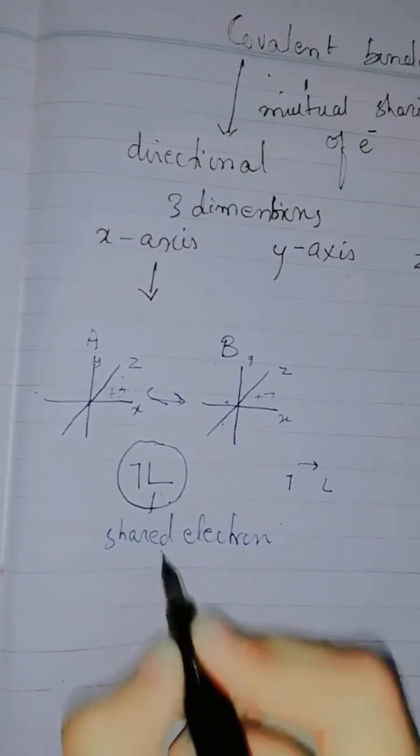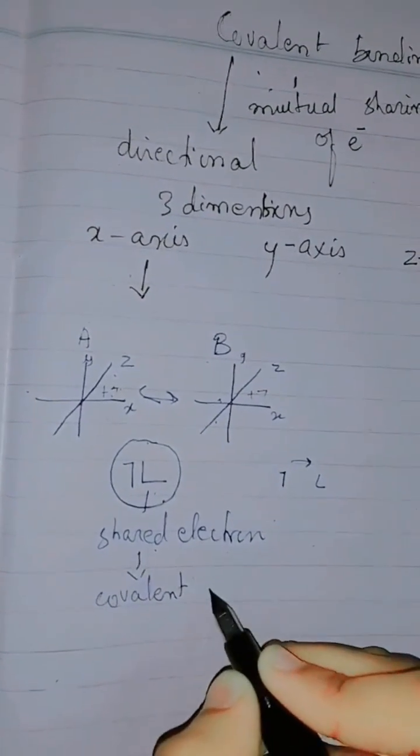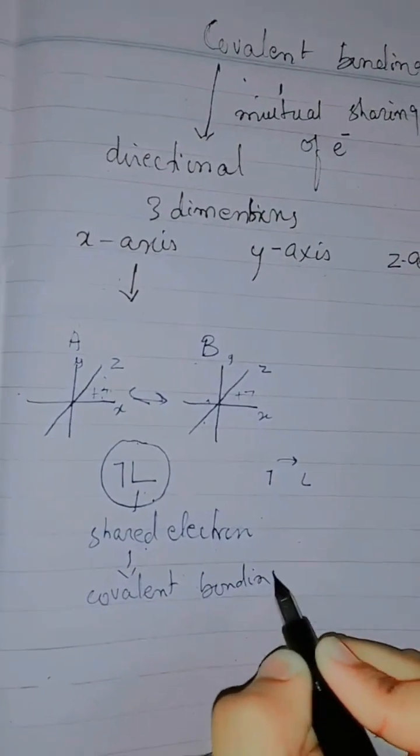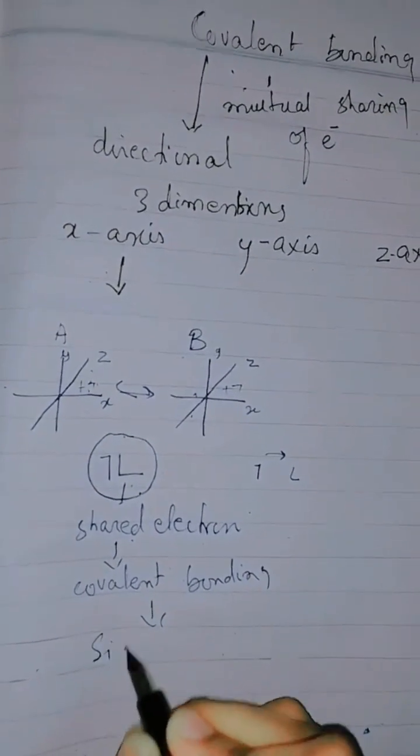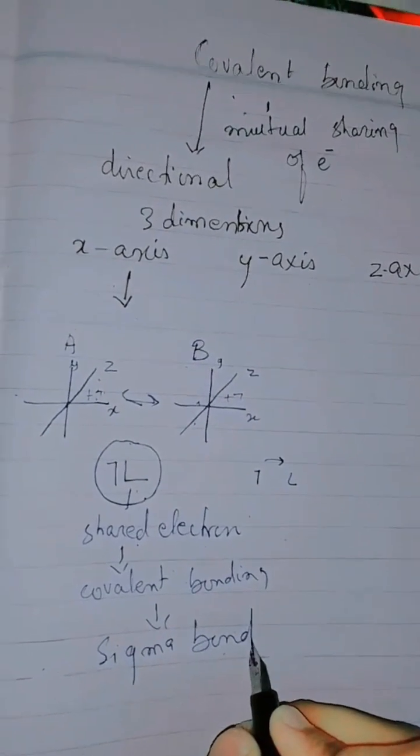So that is basically a covalent bond, and that bond is called a sigma bond. What is a sigma bond?